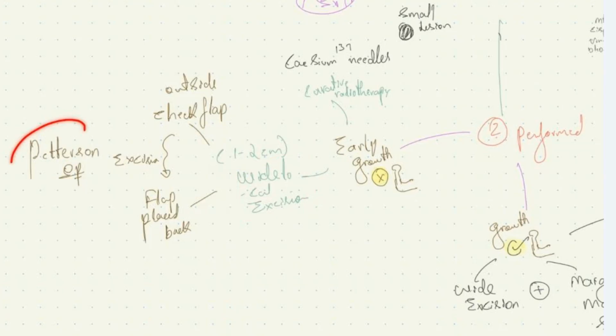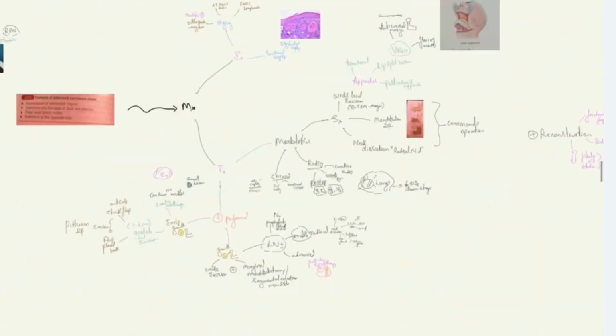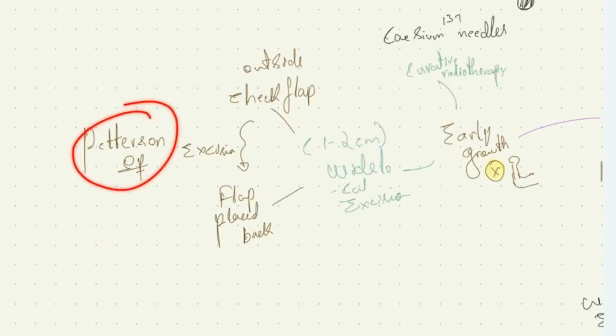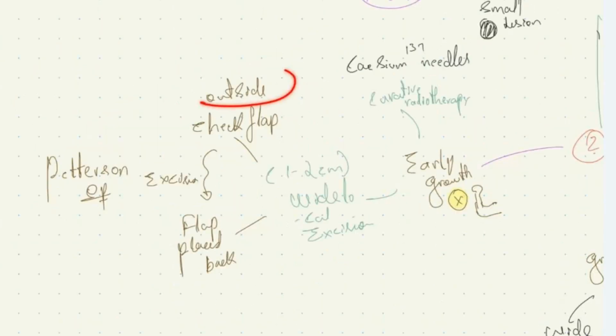What is Patterson's operation? While mentioning different approaches, I mentioned Patterson approach. In the Patterson approach, we access the primary lesion from outside, that is from cheek. Outside, we raise the cheek flap. Following that, we excise the lesion, and then we place back the flap that we have raised.